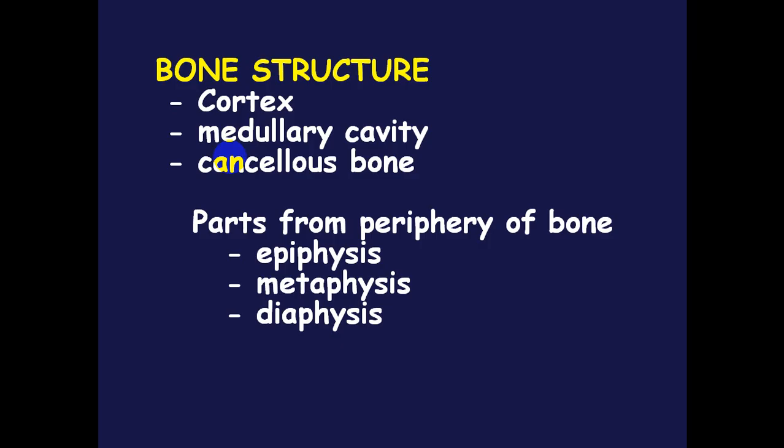And then there are pores, or some spaces in the bones, that we call the cancellous bone. The bone can also be divided into some regions: first is epiphysis, metaphysis, and diaphysis. I will explain to you later.